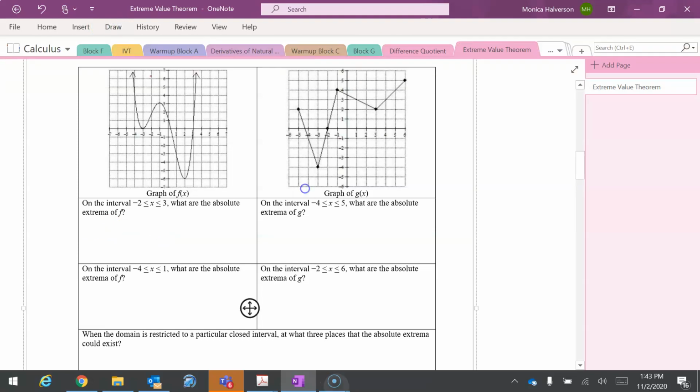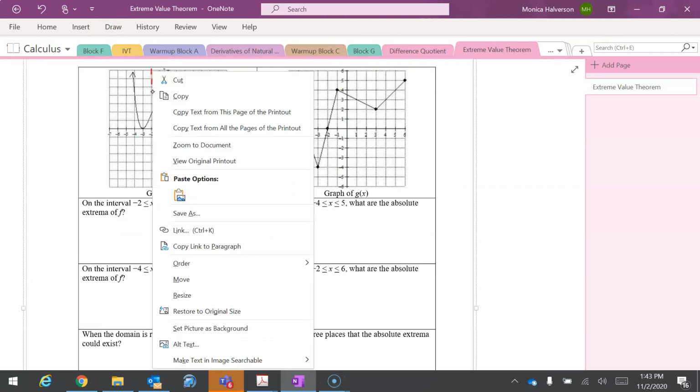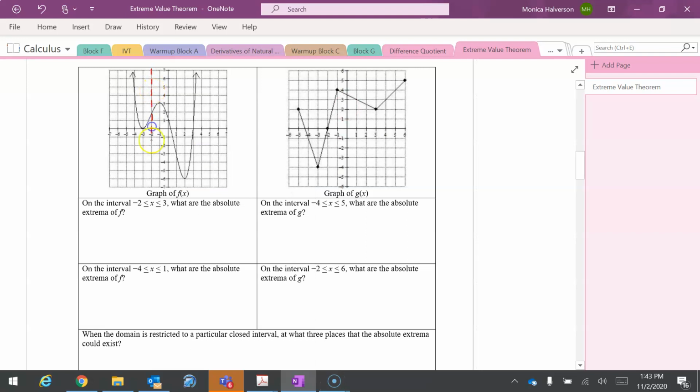So from -2, so this part of the graph, to 3, this part of the graph. So just those parts. So we essentially have endpoints here. Okay, so we do have an absolute max here with those endpoints. It occurs at (-1, 3). And we have an absolute min here. Okay, it occurs at (2, -6).